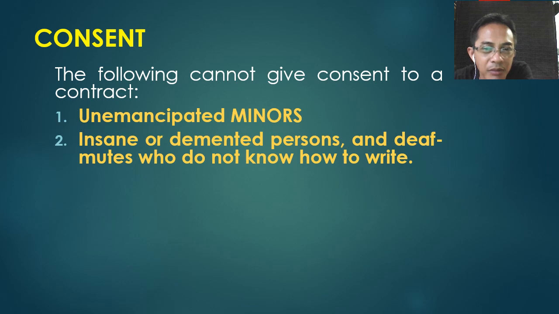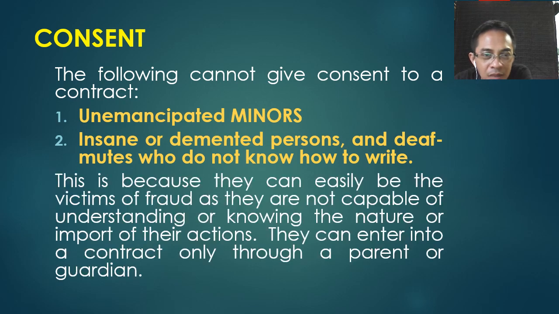Insane or demented persons, deaf mutes who do not know how to read and write. Deaf mutes, deaf and mute. Okay. Why can't they give consent? Because they can easily be victims of fraud by the other party. They might be deceived. So the law says they cannot give consent.